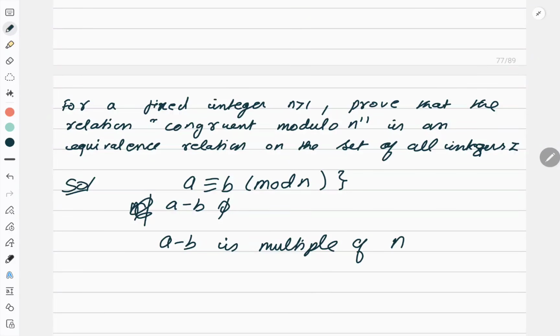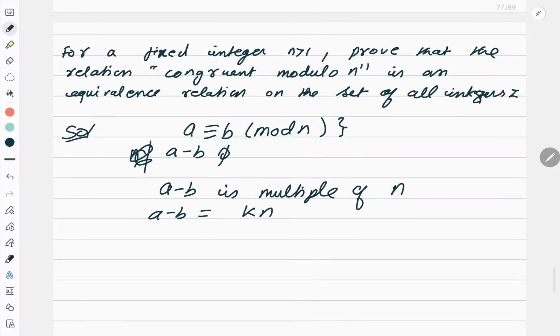Multiple means what? 6, 12, like that. So now I can say a minus b is equal to some kn. This is the definition of a congruent b. The moment I write a congruent b mod n, it means a minus b is some multiple of n, and a minus b is equal to kn.